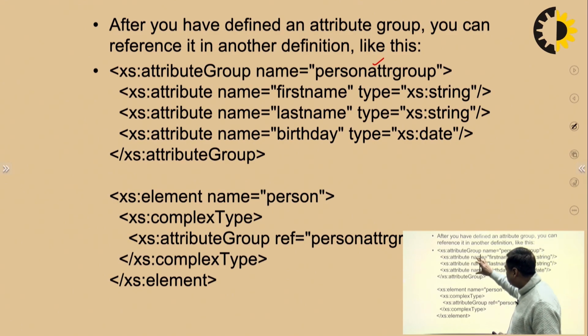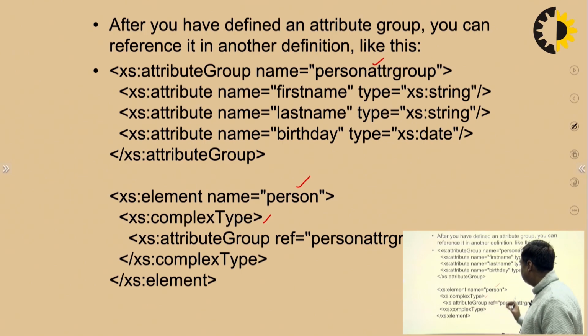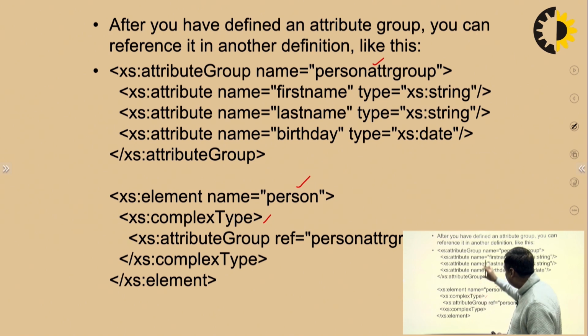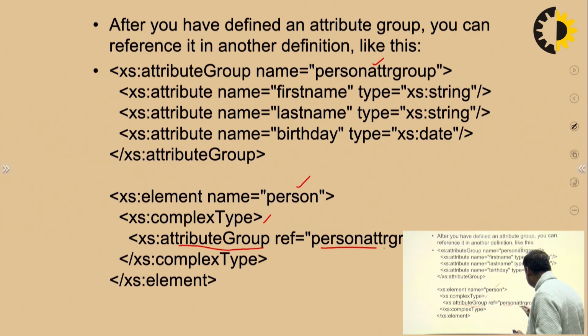Now we want to use this attribute group in an element. So the element is defined as person. It is of complex type because we are going to define the attributes of the person. Here, instead of putting all the attributes, we are just referring to the group name. So we use the attribute group and refer to the group name person attribute group.